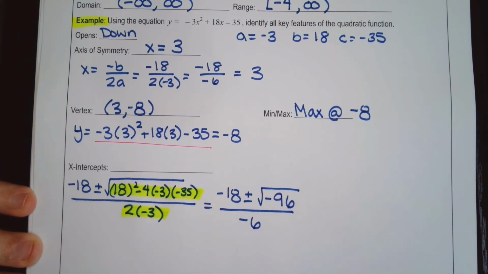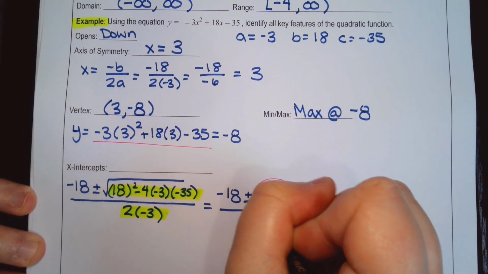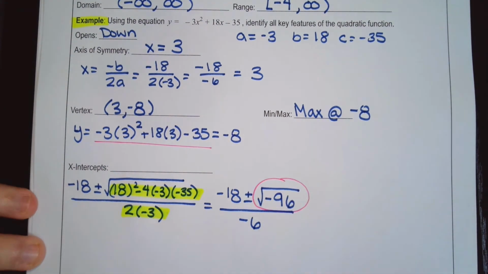All right, so when you have a negative, previously, in our previous unit, I would have you bring out the negative as an i and simplify. But because we're going to be dealing with graphing, we cannot graph an imaginary number.